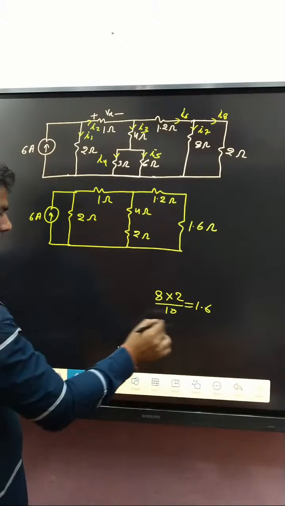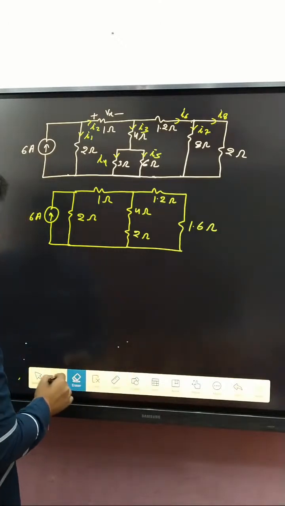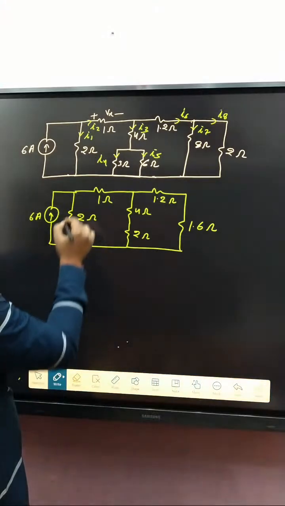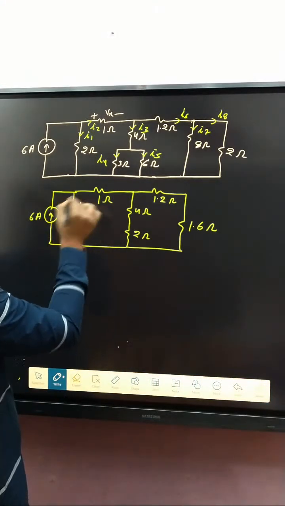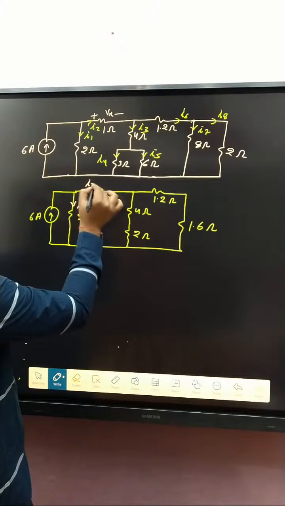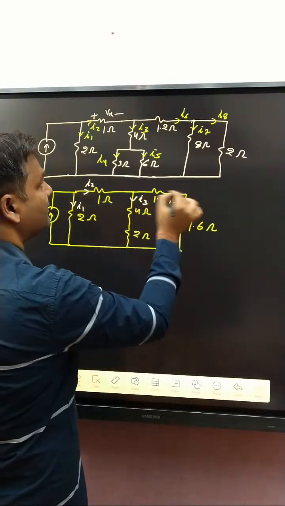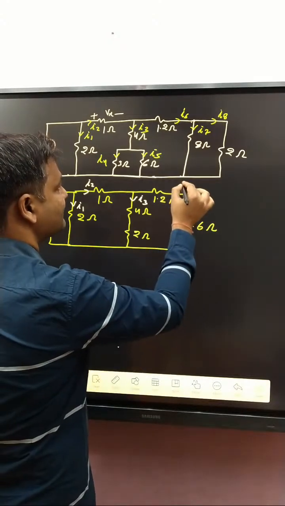After that, here current in this branch I1, here I2, and here I3, and here I6.